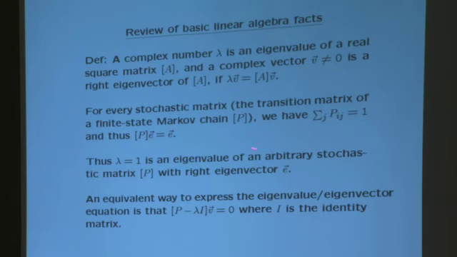That's the same as the equation p times v is equal to v. That's the same as a right eigenvector. Well, this is the equation for an eigenvalue 1. This is an equation for an arbitrary eigenvalue lambda. But p times v equals lambda times v is the same as p minus lambda I times v equals 0.